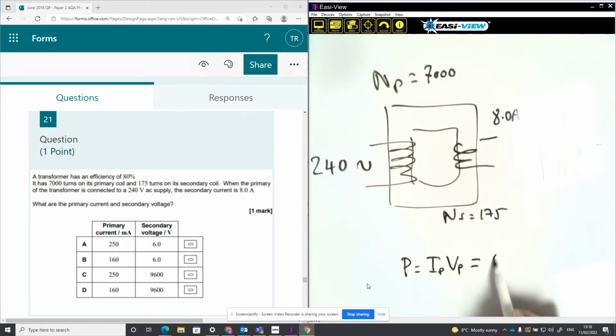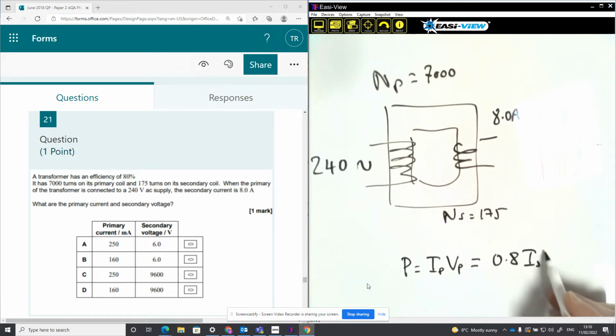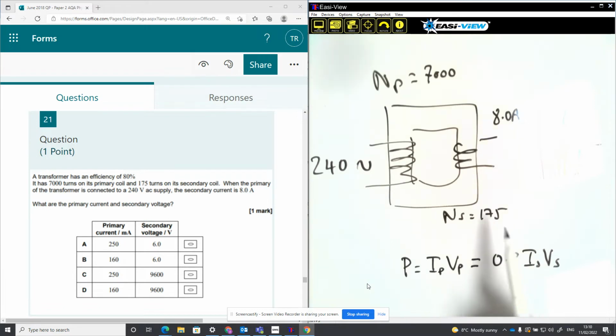And that is equal to 0.8, because of this efficiency, that's 0.8 of the current on the secondary multiplied by the voltage on the secondary. Okay, so then we also have the ratio of the voltages are independent of what ends up happening with the current. So the ratio of the voltages will remain constant.